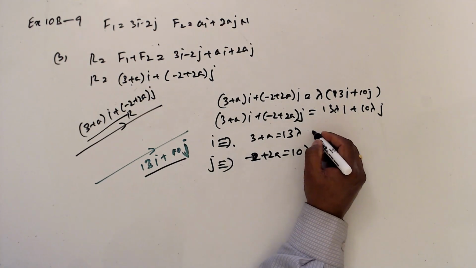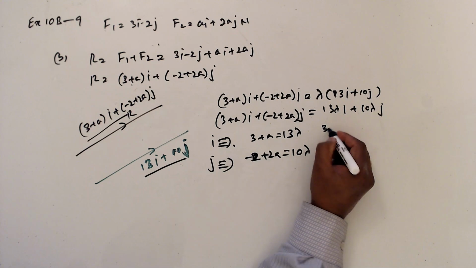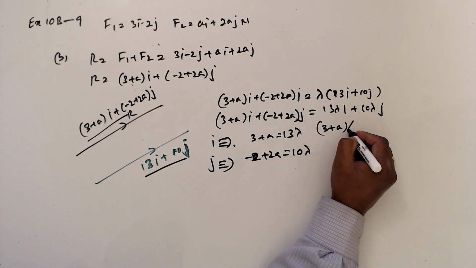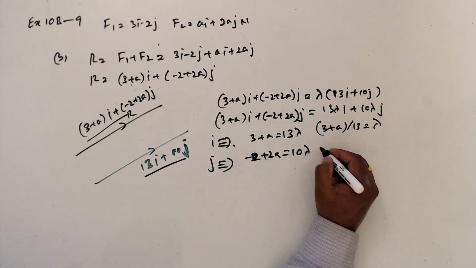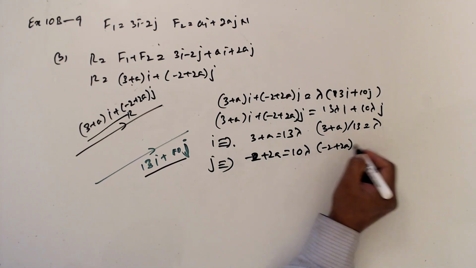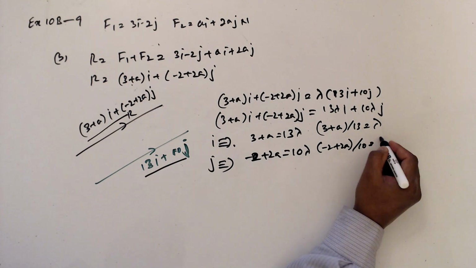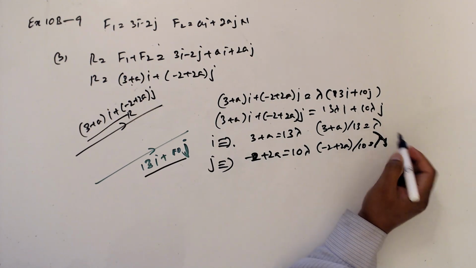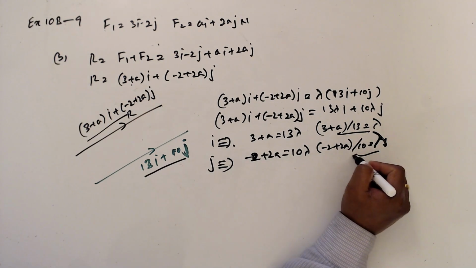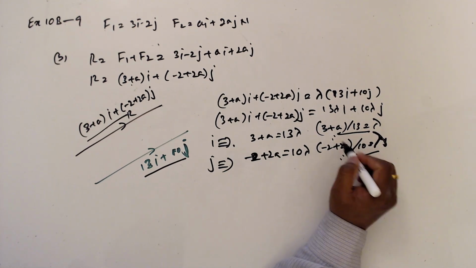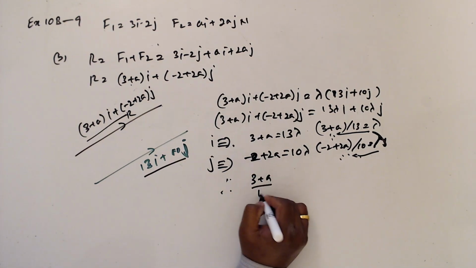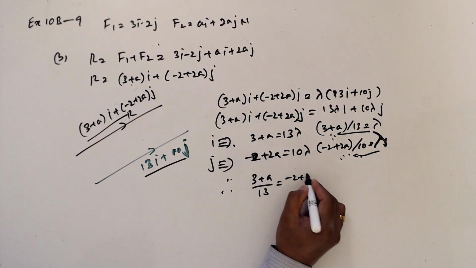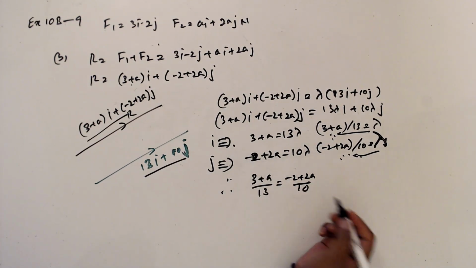So from here, I can write (3 plus a) divided by 13 is lambda, and (minus 2 plus 2a) divided by 10 is also lambda. Because of that, those two are equal. Hence, (3 plus a) over 13 equals (minus 2 plus 2a) over 10.